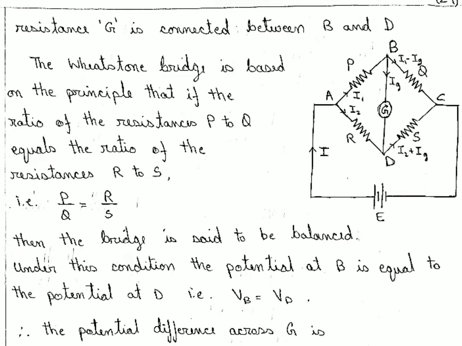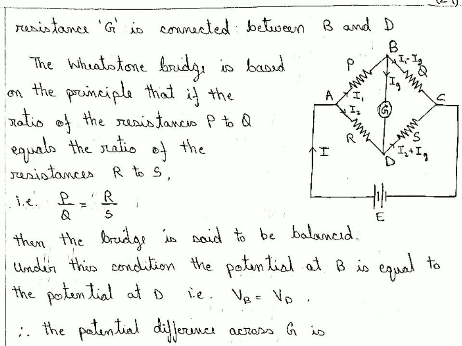Now under this condition, the potential at B and the potential at D are equal. So we have VB equal to VD.